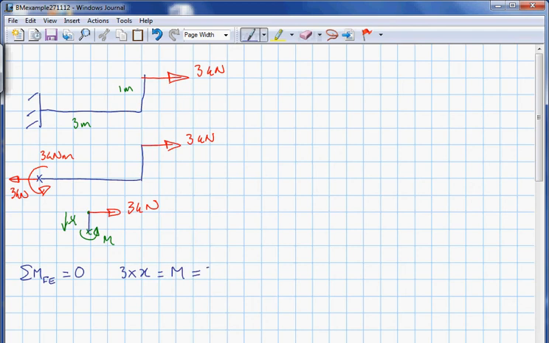So m is equal to 3x. What does that mean? Well, when x equals 0, which is at the tip of the beam, m is equal to 0, of course, and that's what we'd expect. And m gets steadily bigger, so as we reach the bottom of the vertical bit, it's reached a value of 3 kilonewton meters.